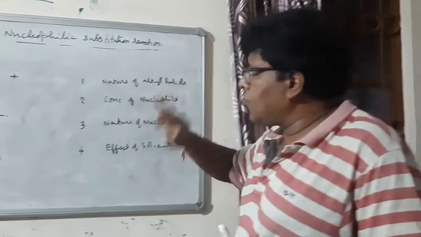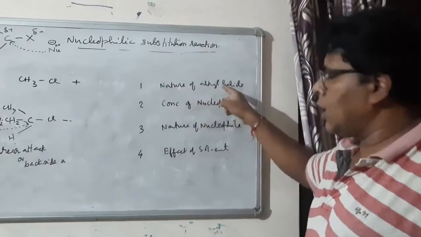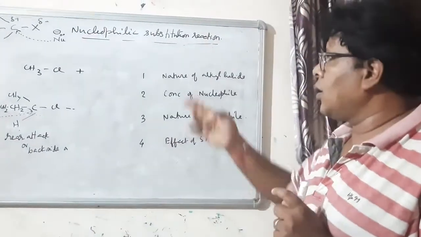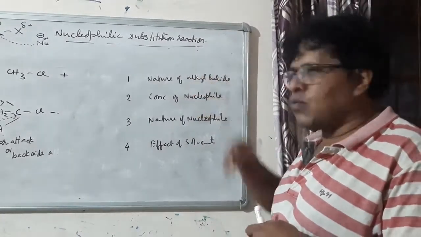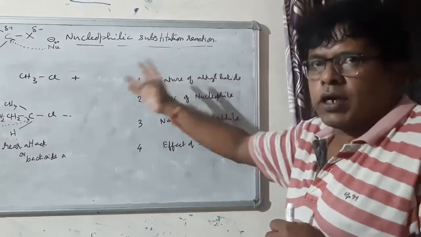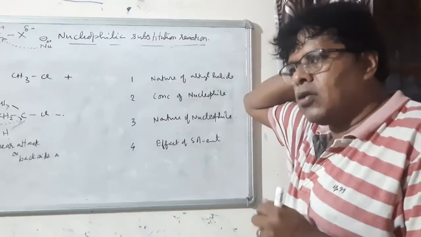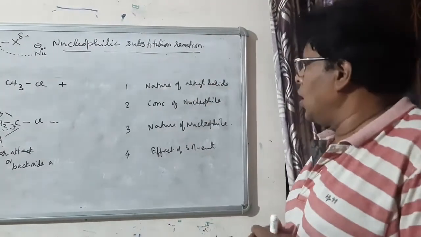The first factor is the nature of the alkyl halide. If the alkyl halide is 3 degree, SN1 will be followed. If the alkyl halide is 1 degree, then SN2 will be followed. That we have already discussed. If it is 2 degree, it can go by both SN1 and SN2.